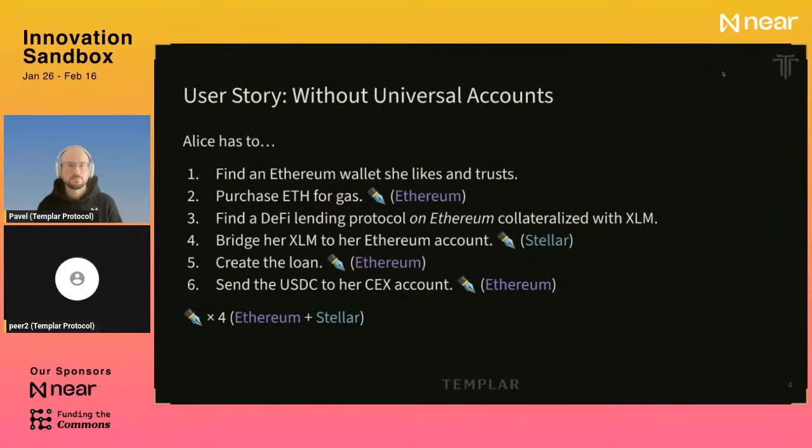Right now, if she doesn't use universal accounts, the process might look something like this. First, she needs to find an Ethereum wallet that she likes and trusts. She does a little bit of research and discovers there's something like 1,000 different options. So wonderful. She goes through, picks one, and then she discovers she needs to purchase Ethereum for gas.